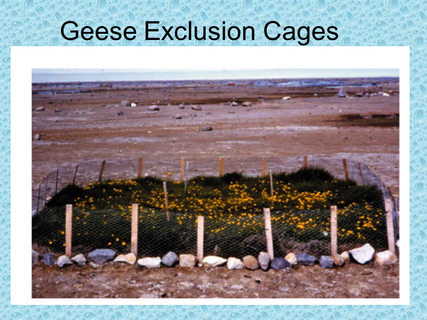So if you came across this, you would think, wow, why did somebody plant all these plants here? But it's not that. Those plants would have been present in all those habitats if not for the geese population that visited there and totally wrecked that habitat. So geese have a way of going into salt marsh habitats and just destroying them.